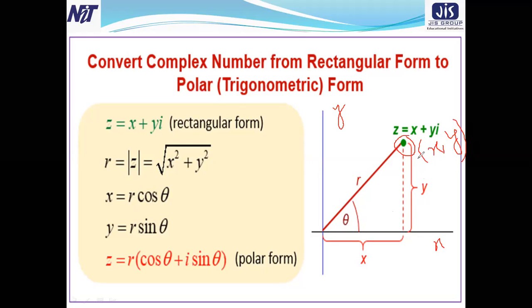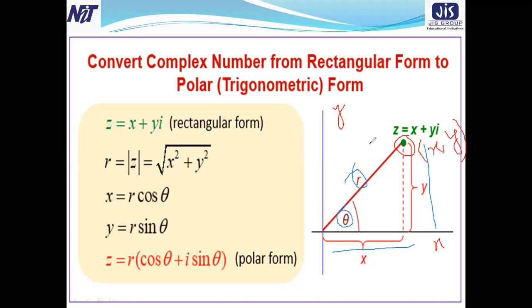So as per the rectangular form, you can say z equals x plus iy. And we consider the angle is theta, and the distance from the center to that particular point is r. Now r equals mod z.